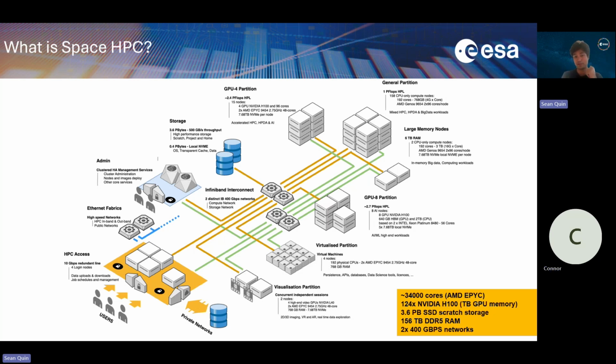So we have 34,000 CPU cores, 124 H100 GPUs, 3.6 petabytes of storage, 156 terabytes of RAM, and two dual InfiniBand high-speed networks, one dedicated for data access and one for communications.